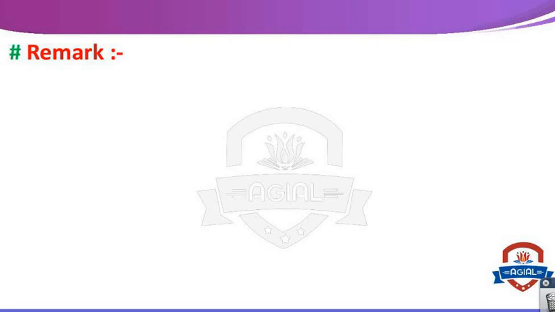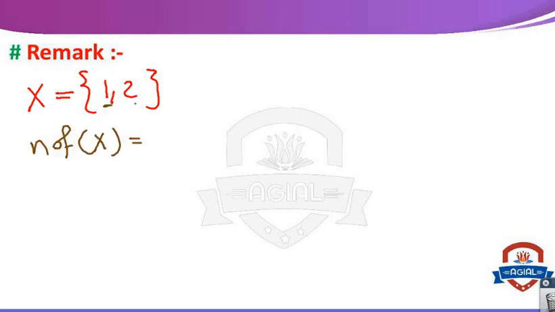We know that X is a finite set, the set of 1 and 2. Then the number of elements of X equals 2 elements.